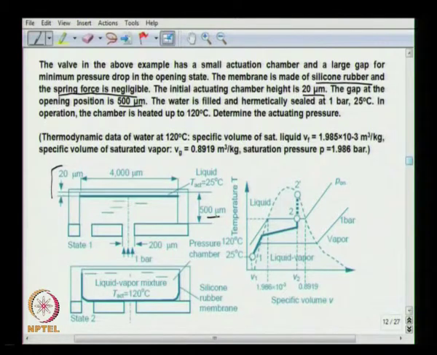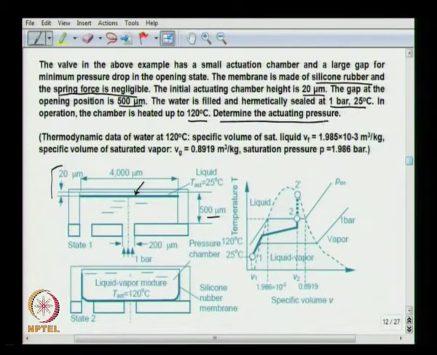Okay. The water is filled and hermetically sealed at 1 bar and 25 degree centigrade. So, inside here you will have water. In that 20 micron gap you would have water present at 1 bar and 25 degree centigrade, and while operating, the chamber is heated up to 120 degree centigrade, and we are interested to determine the actuating pressure.